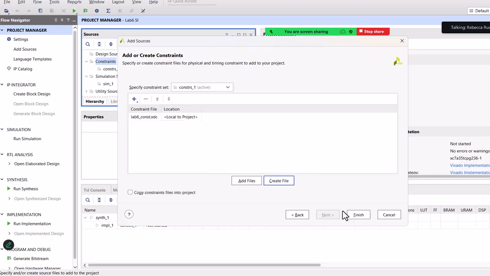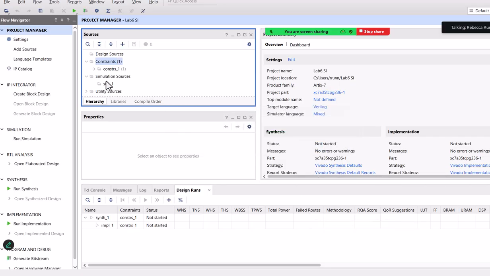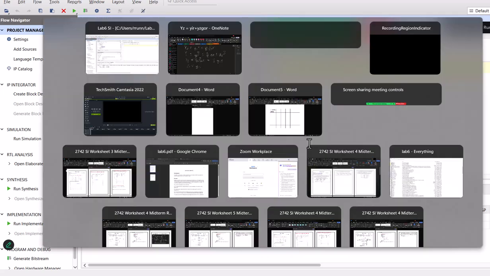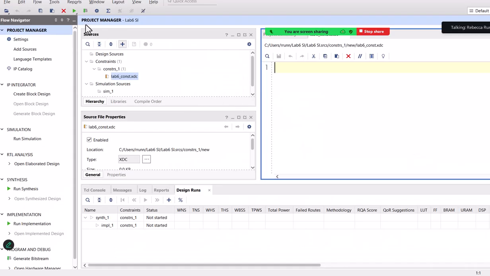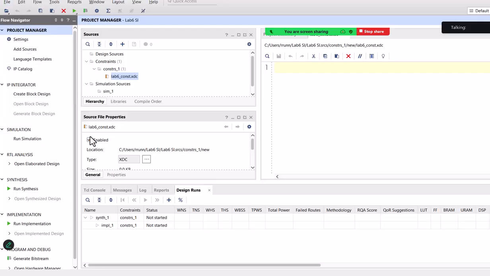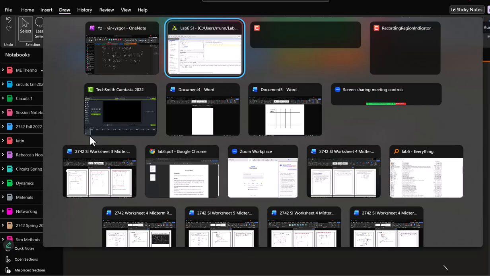I know this is on some lab handout somewhere, but I don't know where. But I'm going to give it to you right now. I think I have it in my constraints.